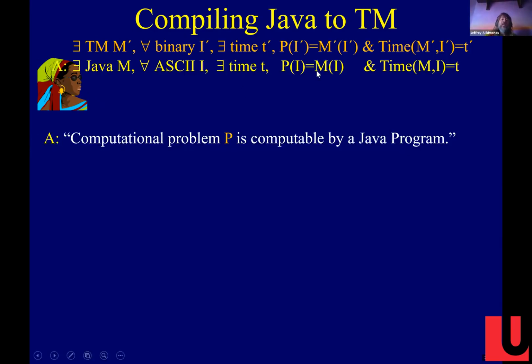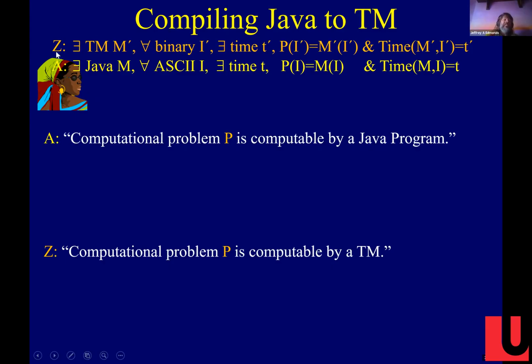So now what is this saying? What does Z say? Z says the computational problem is computed by a Turing machine. Everybody understand line A and line Z? All right.